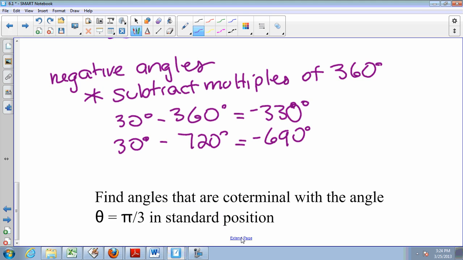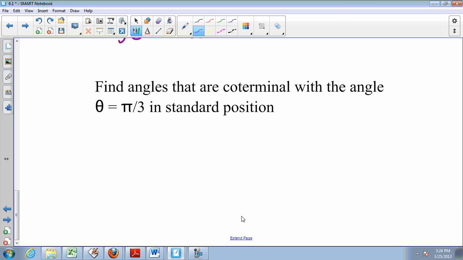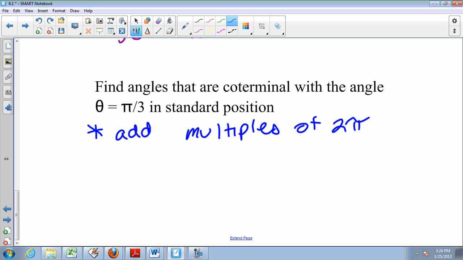If theta is given to us in radians and we want to find coterminal angles, for positives, we add multiples of 2 pi. So we take theta, which is pi over 3, and add to it 2 pi.